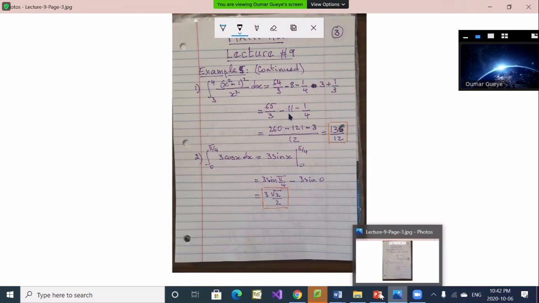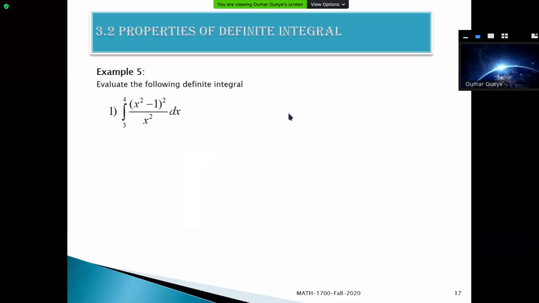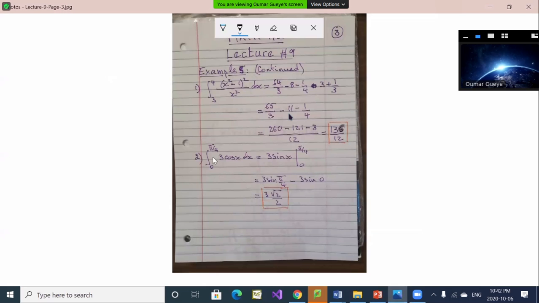All right, so next example, it's an integral from 0 to pi over 4 of 3 cosine of x. To calculate this one too, we're going to use exactly what the FTC says. So the integral is going to be 3 times, as the property says here, 3 is a constant k. So you integrate only the function and you multiply by 3.